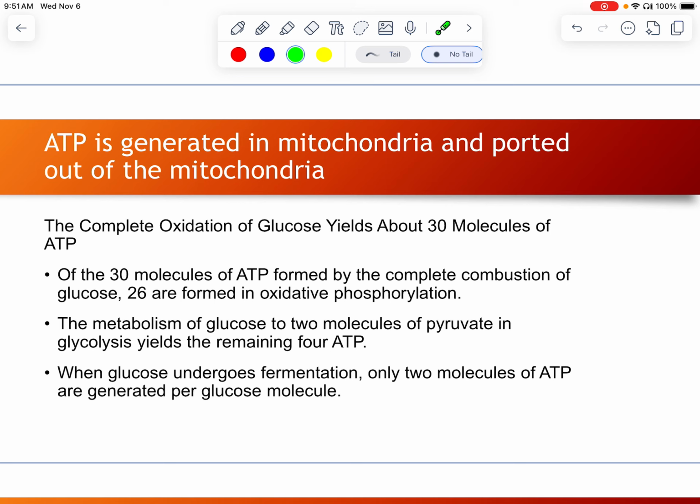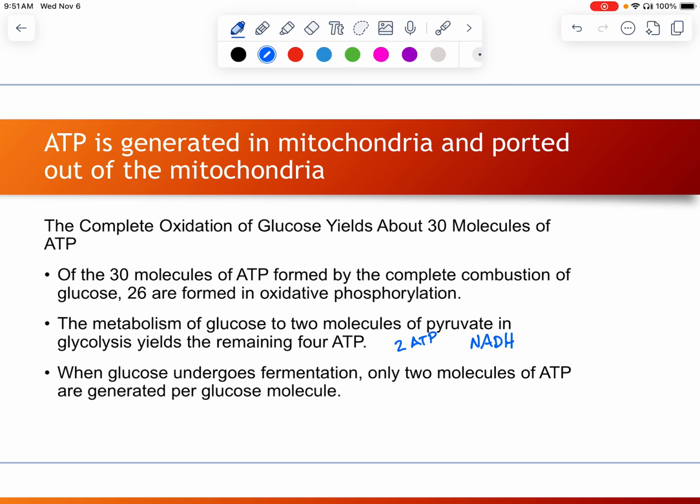The remaining 4 are from our glycolysis piece. And if you remember, we got 2 ATP directly from that, from substrate level phosphorylation. And then we got NADH.